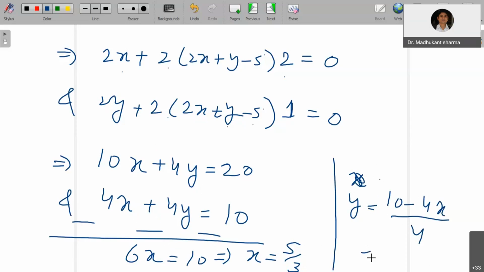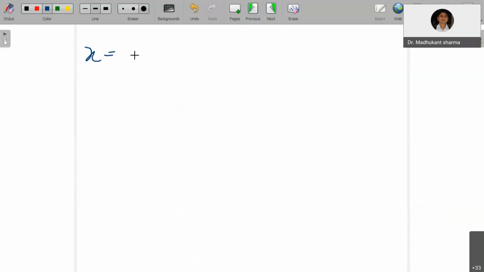With minus 4x being 20 by 3, 30 minus 20 is 10, so 10 by 3 divided by 4 is going to be 5 by 6. So you obtain the following point: x equals 5 by 3 and y equals 5 by 6.